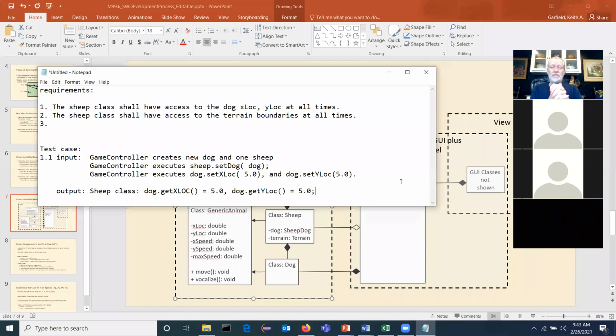And the third way is, if you choose to, you're not required for this class, you could use JUnit testing, because JUnit would take care of this for you. In JUnit, you build a game controller, a sheep, a dog, and then you put in these test values, and then you have pass-fail criteria based on Boolean tests.